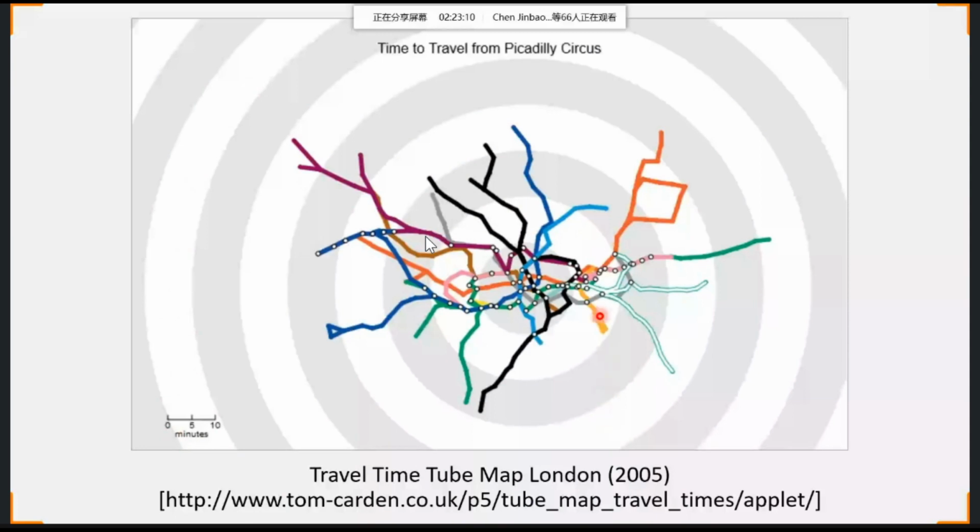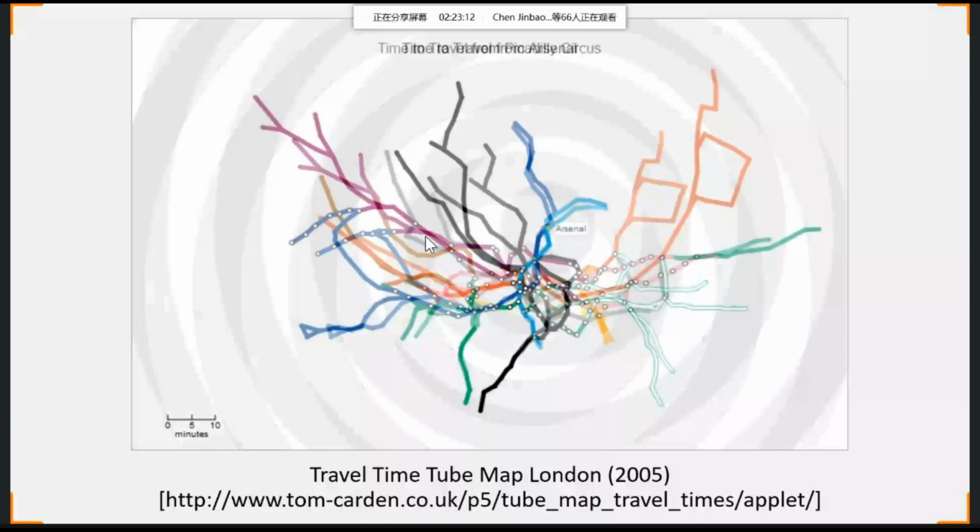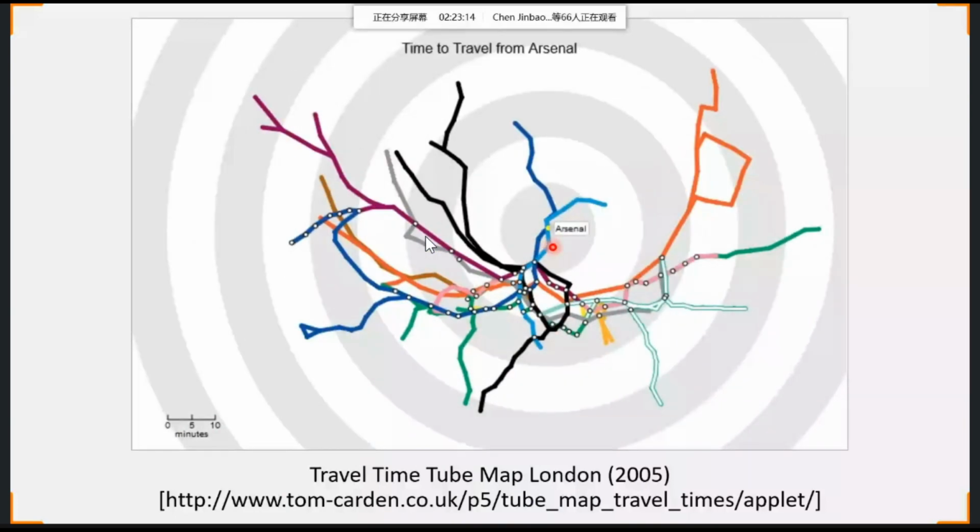And then you can click on one of the stations, for example, Arsenal station, and then this station is in the center, and so the whole network is rearranged, and you see how long you travel along the different lines.